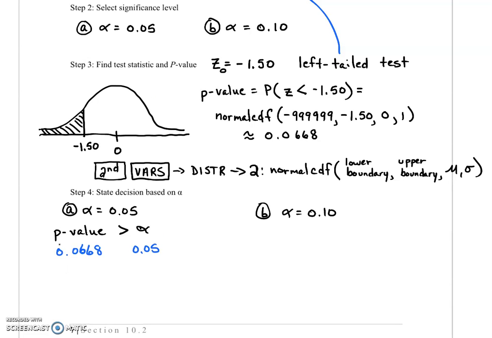And so what do we do? We do not reject the null hypothesis.